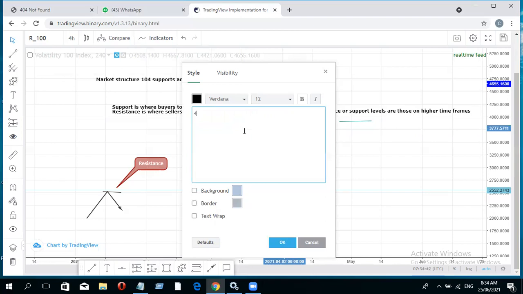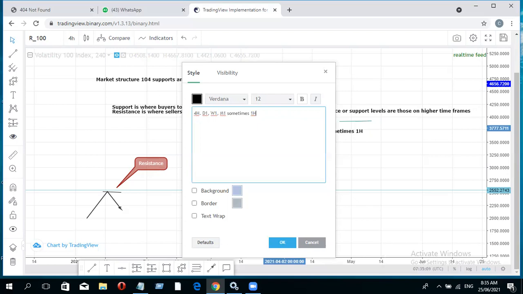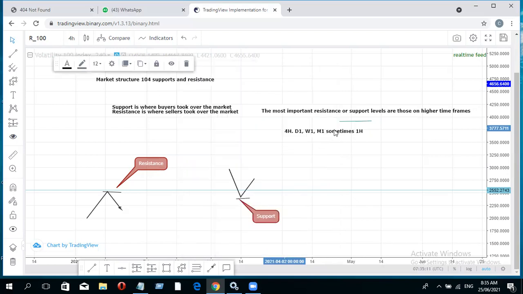These are the ones you should be looking out for: the 4 hour, the daily, the weekly, the monthly, and sometimes the 1 hour.